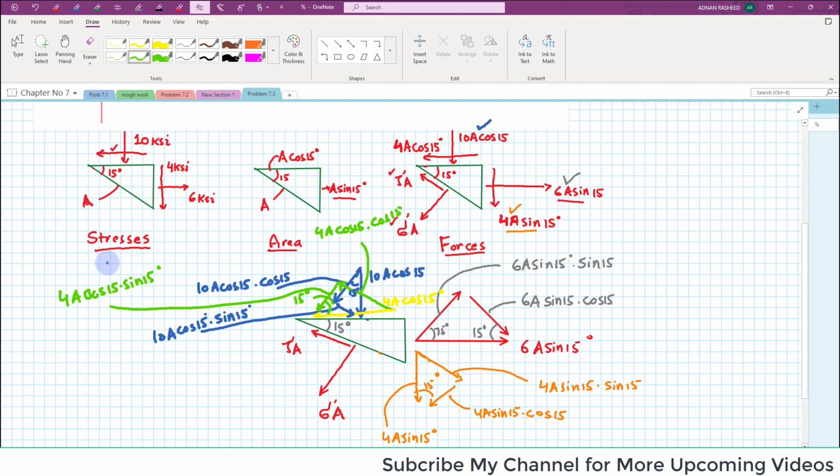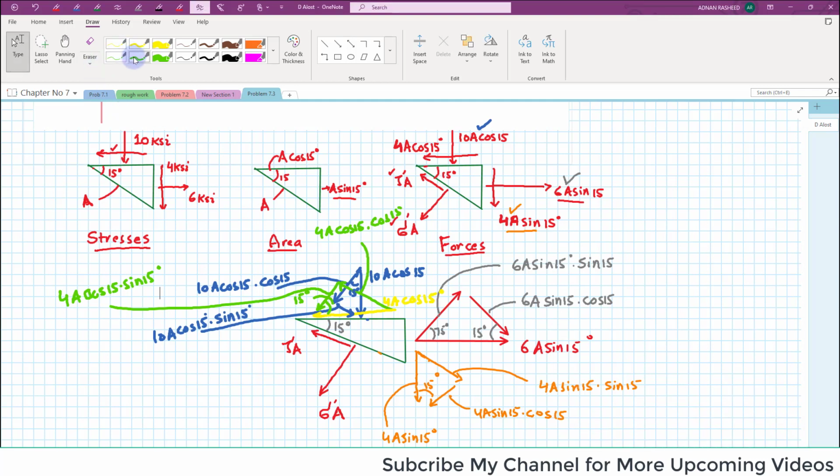Let me check it. If this is the angle theta, this will be equal to cos of 15 into sine of 15. This should be. Let me check it.